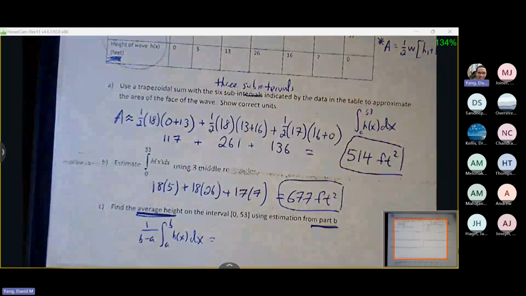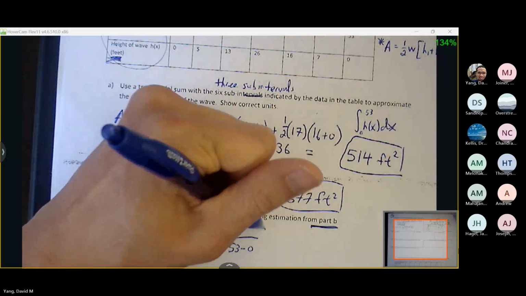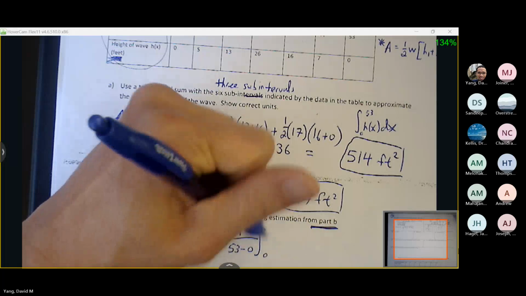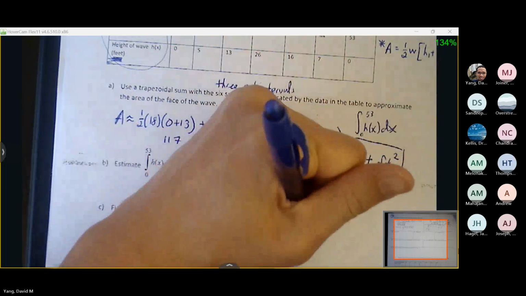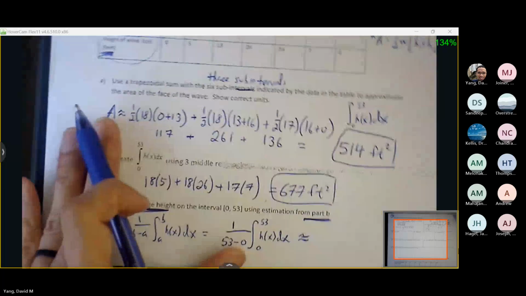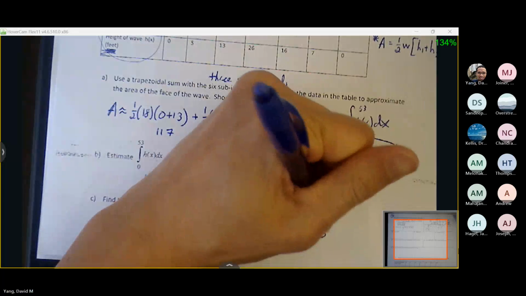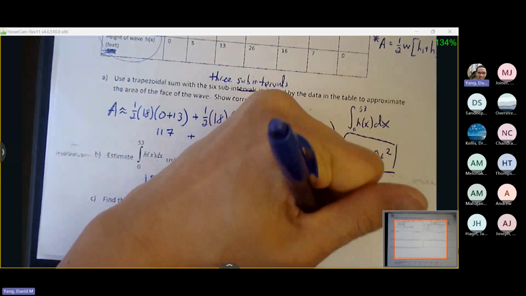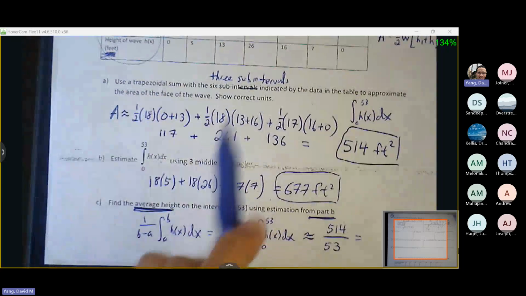Okay, we're going to be using part B. So 514 divided by 53. It'll be different from the key because we changed this from 6 to 3 trapezoids.